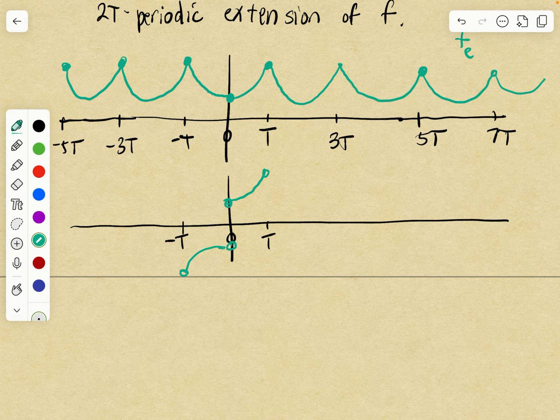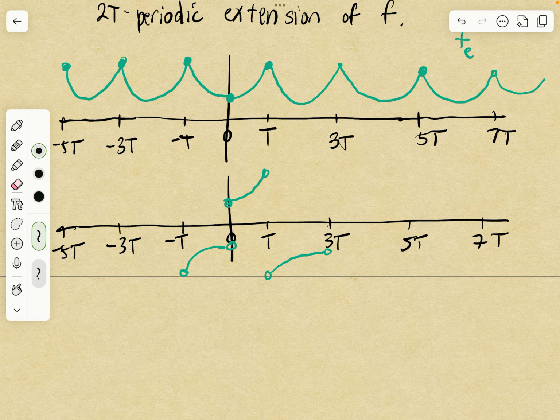So now this is going to be an odd function from negative t to t. Now that we have that, we just extend it so that it has period 2t. So it's going to look like this.